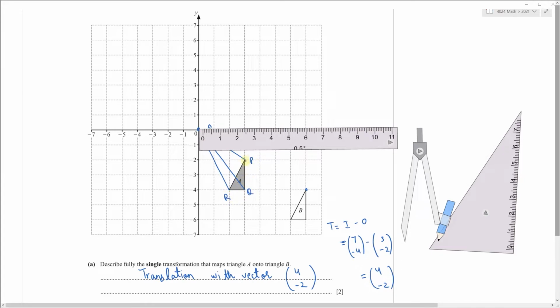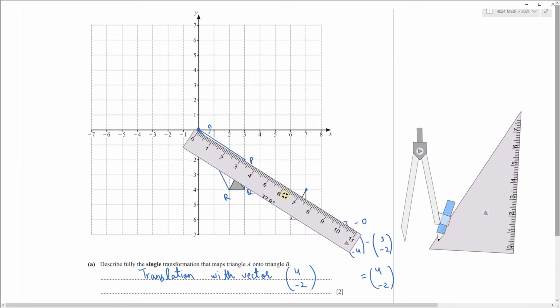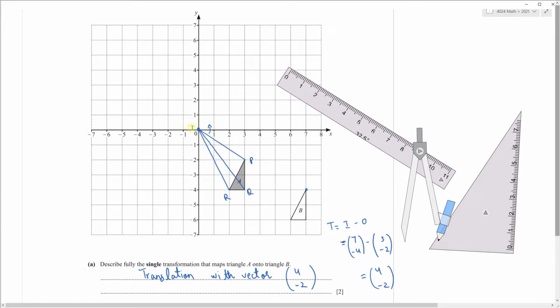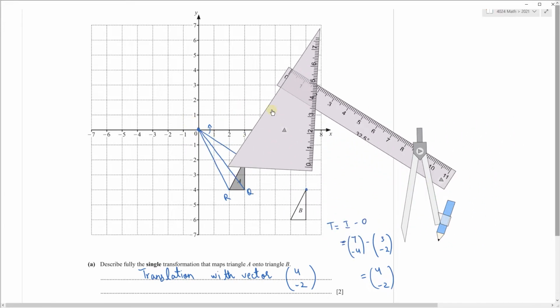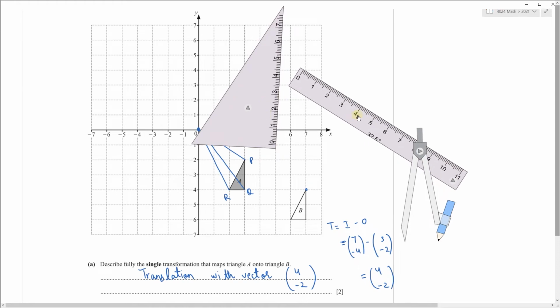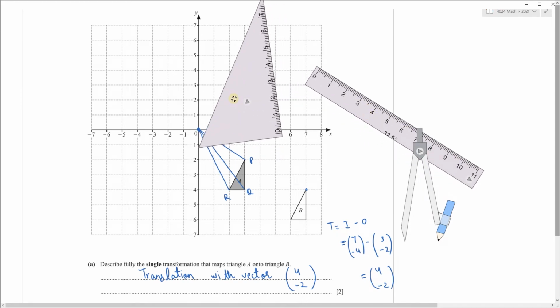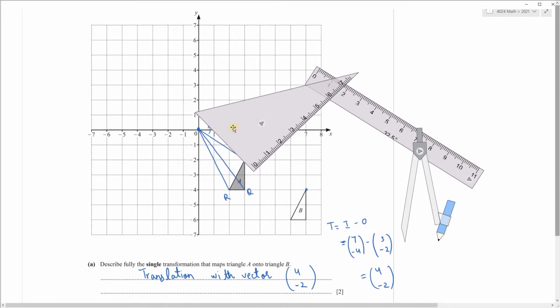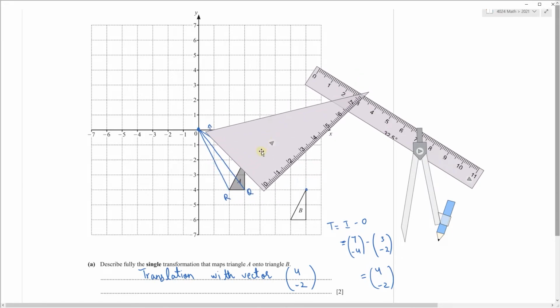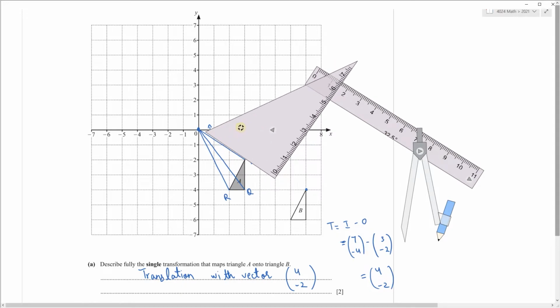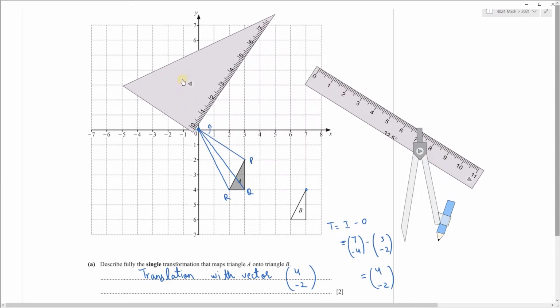So let's first find the image of P and let's call it P prime. The distance of P is almost 3.2 centimeters from the center of rotation. So now I'll use my set square and rotate 90-degree. I'll align my set square with this line here. So let me place it here and then align it like this. Okay, now it's aligned. 90-degree angle will be this.